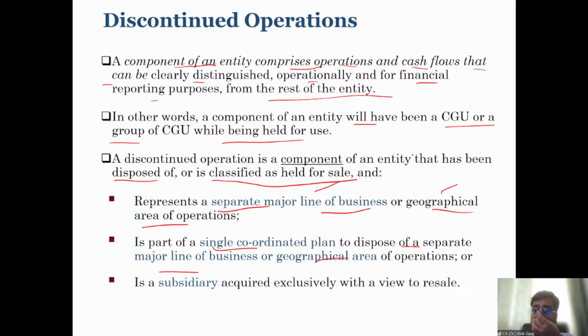Clear? And discontinued operation is a component of an entity which has been disposed of or is classified as held for sale, right? Whether it has actually been disposed of or it is classified as held for sale, right?